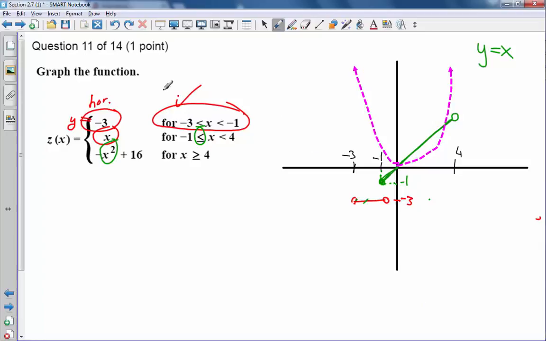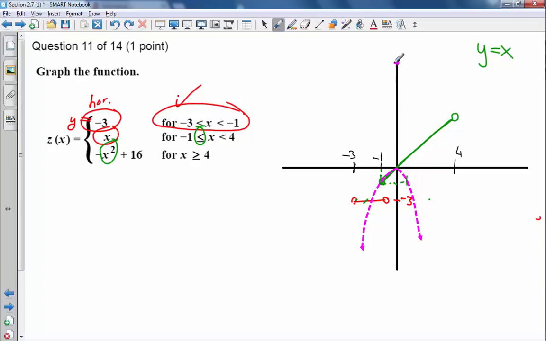So I will take it upside down. This is -x squared. I reflected it along the x-axis. But what does 16 do to it? It moves it up 16. So this one is going to go really high here.